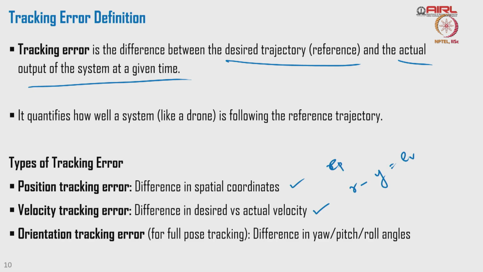Then there can be orientation tracking error also, where there will be differences in yaw, pitch or roll angles. So, these are very important to understand. What we have is a reference trajectory for the drone. What we have to minimize as a control system designer of the drone is the tracking error. So, the controller should be sufficient to handle the tracking error. That is the main objective.